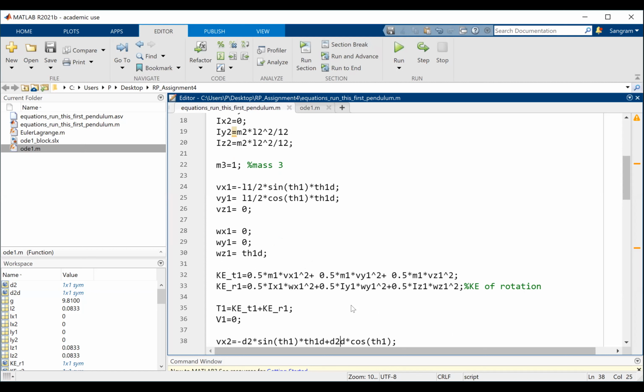Since m1x is equal to m1, I just substituted m1. Plus 1/2 my1 vy1 square, and just substitute m1. Plus 1/2 mz1 vz1 square. I substituted m1. So that expression on line number 32 is this equation. Are you with me so far?